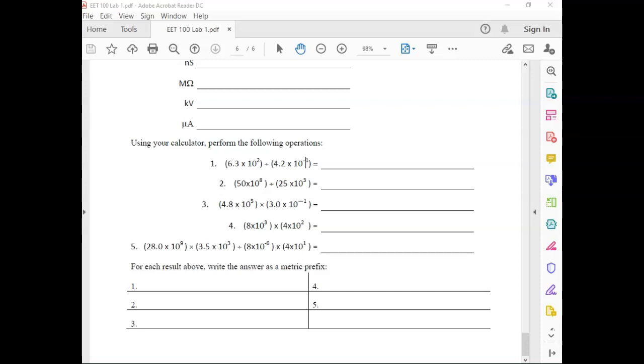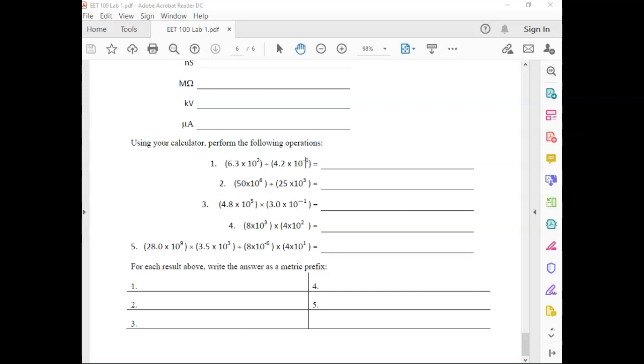All right, so for number 4, what is my scientific notation for number 4? 32 times 10 to the 7th. That's not, okay.